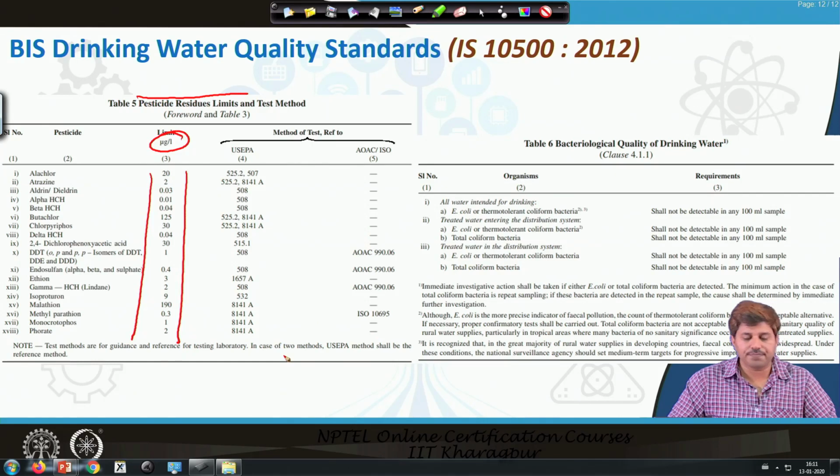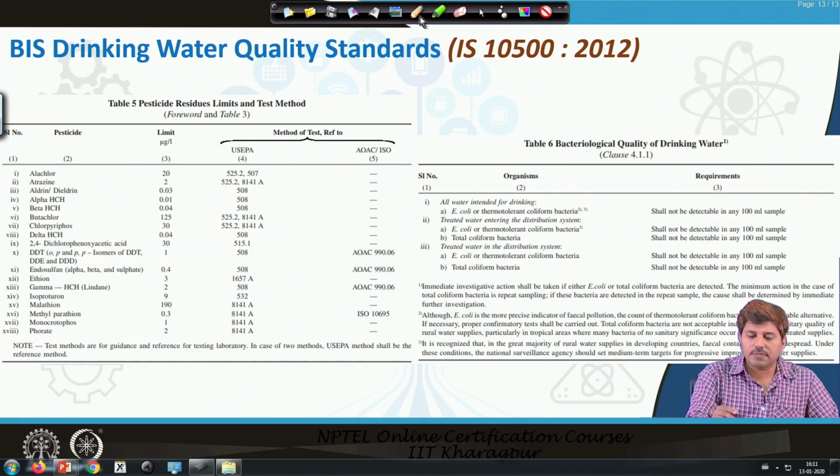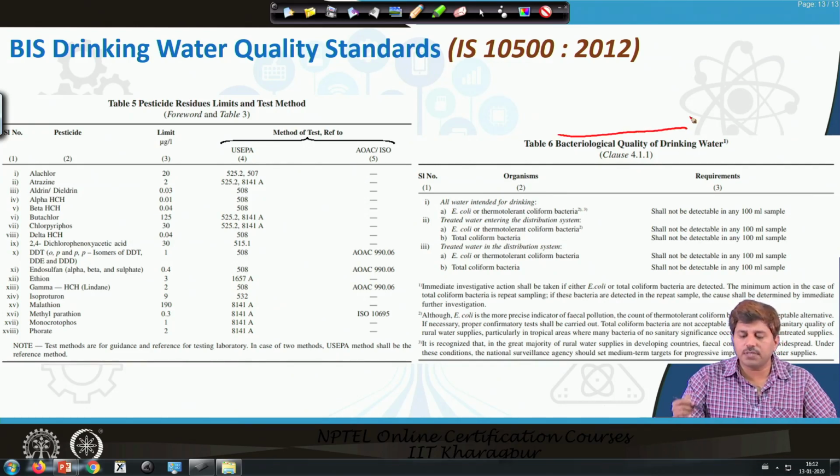And the BIS also provides the guided test methods for these pesticides. The last table, which is the 6th one, talks about the bacteriological quality of the drinking water acceptable as per BIS.